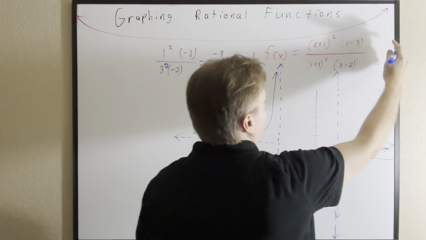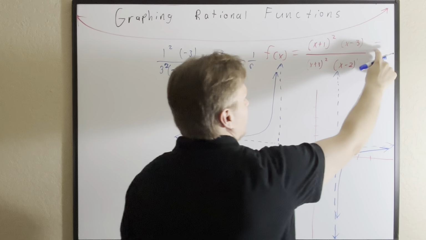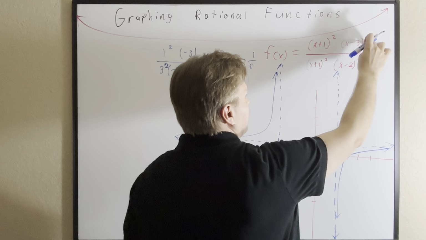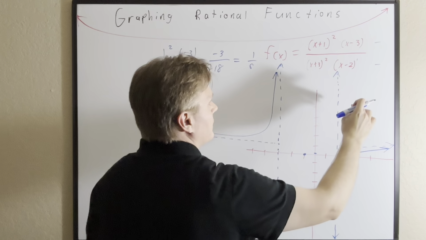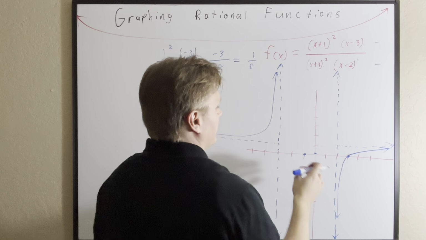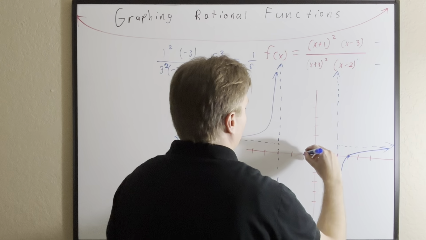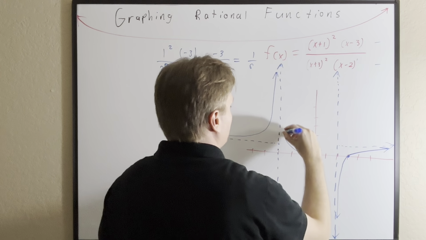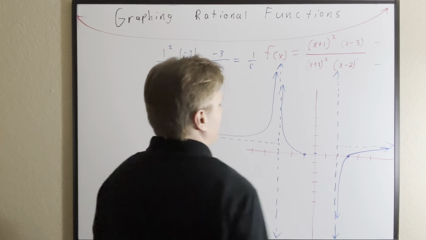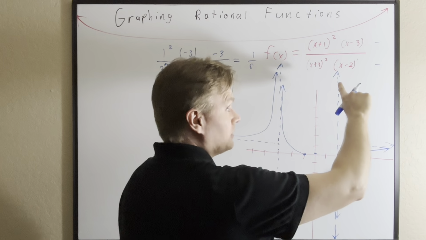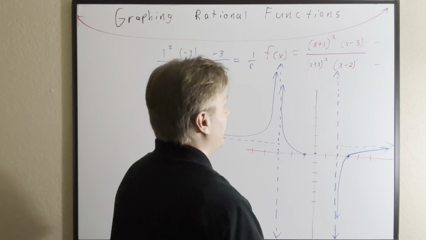Negative something minus 3 is also negative. So all I did there was figure out if the numerator was going to end up negative or positive, and same with the denominator. And they're both negative, which means the whole thing is positive. So we can assume that this is going up, right? But just because that part's going up doesn't mean that that part's going up or down. It could be either way.